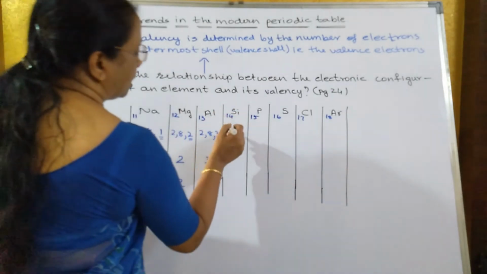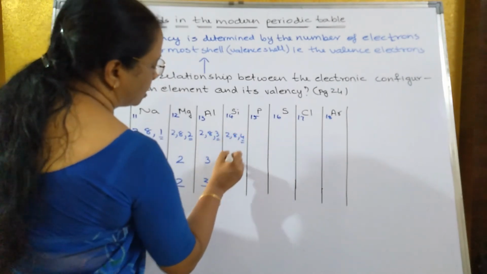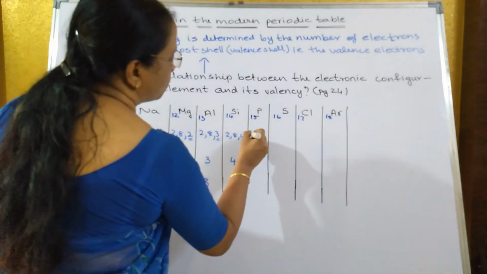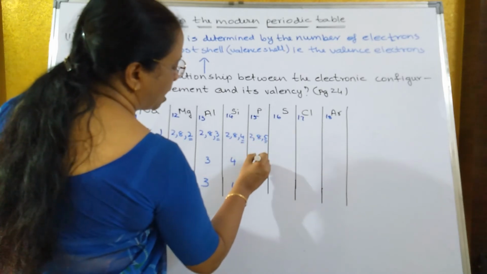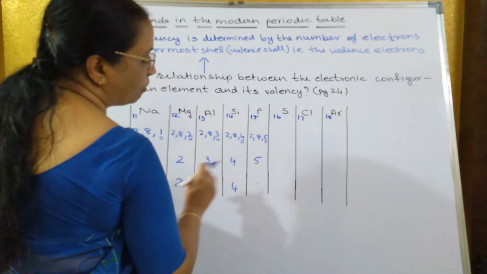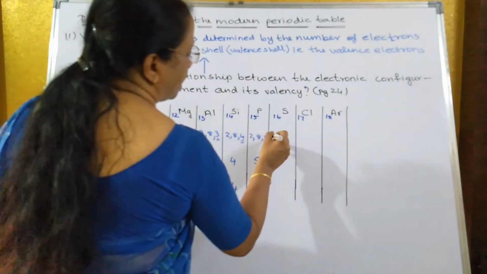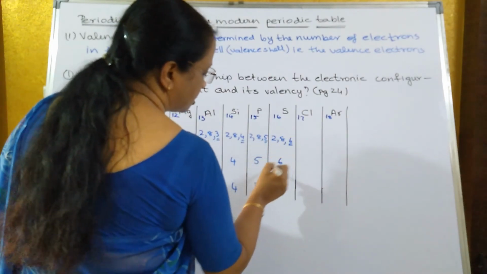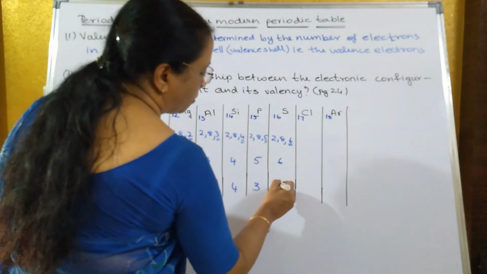In silicon, it is 2, 8, 4. How many valence electrons does it have? 4 valence electrons, and the valency is 4. Phosphorus, 2, 8, 5. The valence electron is 5, so the valency is what? Over here it is not 5, it will take 3 electrons, so the valency is 3. Next one, 2, 8, 6, the valence electron is 6, so it will take 2 electrons, so the valency is 2.